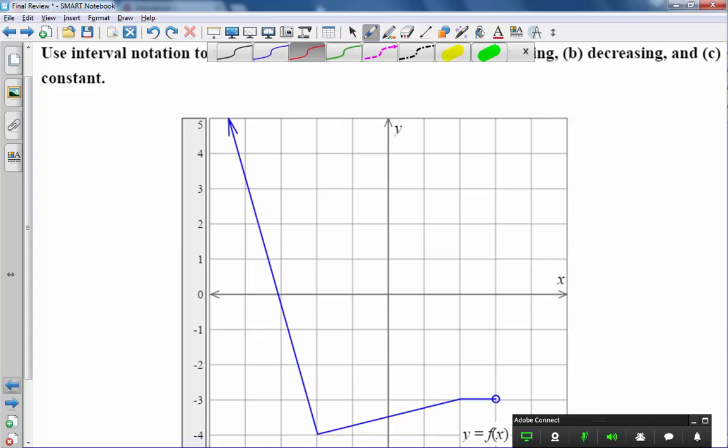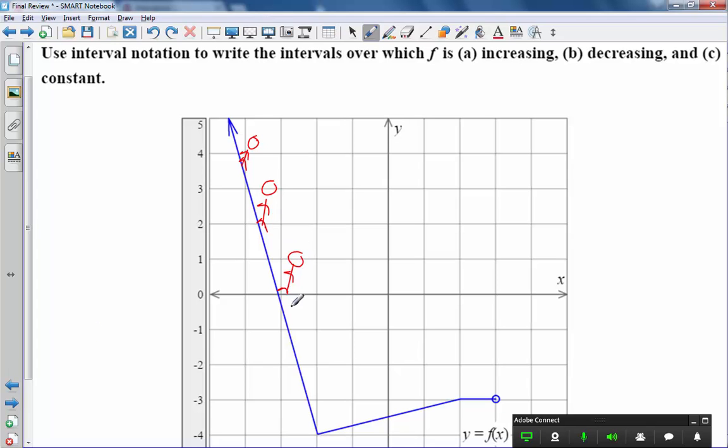No. Imagine you walking on this path from west to east, from left to right. This is you. Are you sliding when you're walking from left to right, or are you climbing? That's the question. So when I'm here, for example, it feels like I'm sliding, right? That's a decrease, not increase, although it points up.